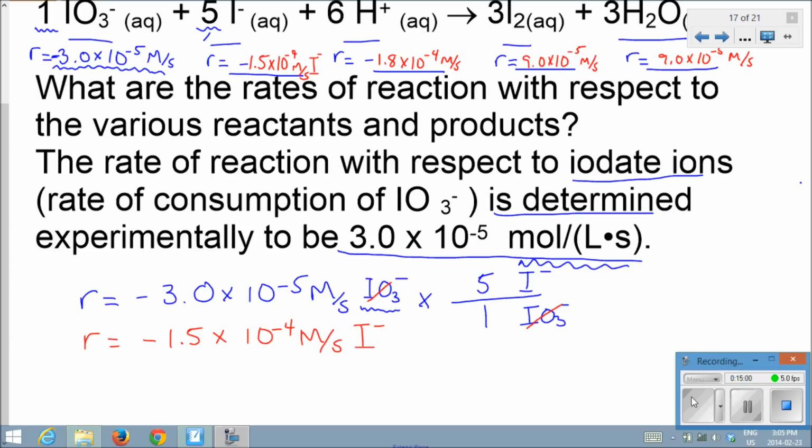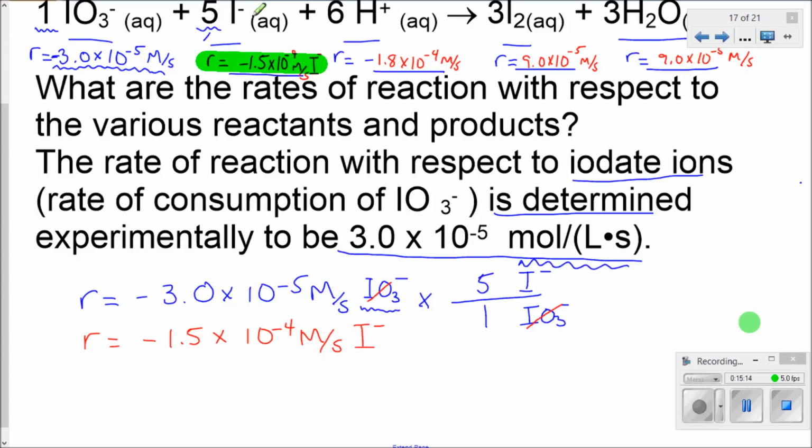Now you can see our answer is going to just be this times this. I just took 3 and multiplied it by 5, which is 15. I changed the exponent. You can do that in your calculator. But the point is that the value up here is going to be 5 times bigger than the value that I'm highlighting now. It's a 1 to 5 ratio.